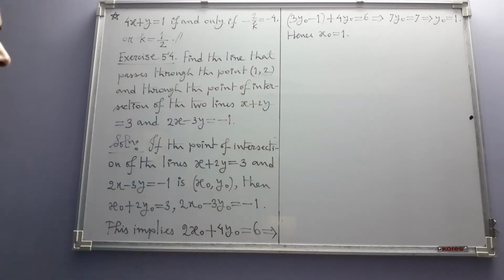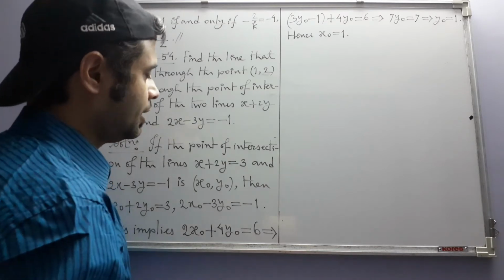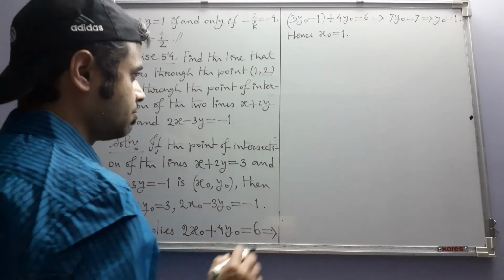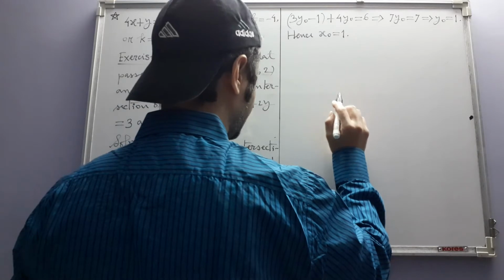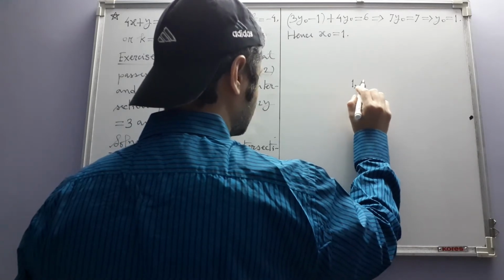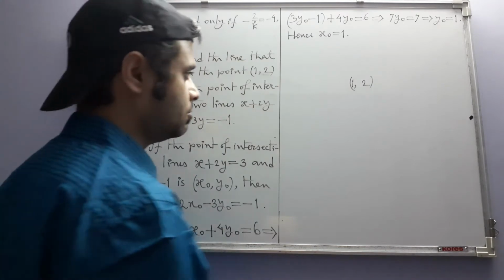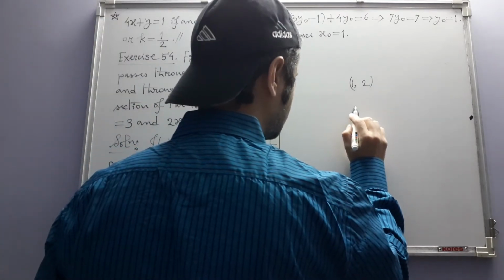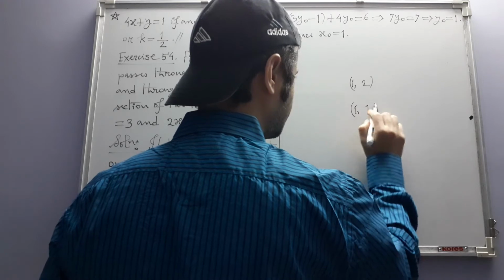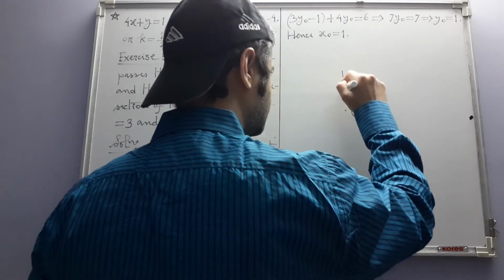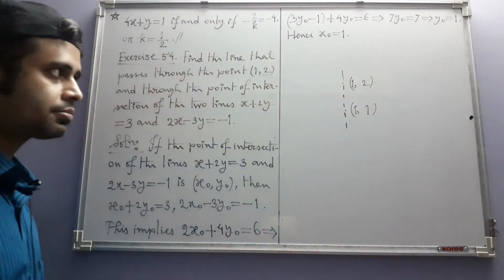So let us find the, in fact from the values of these coordinates you can see one thing. One of the points has coordinates 1, 2 and the other has coordinates 1, 1. The points must be on the same vertical line.